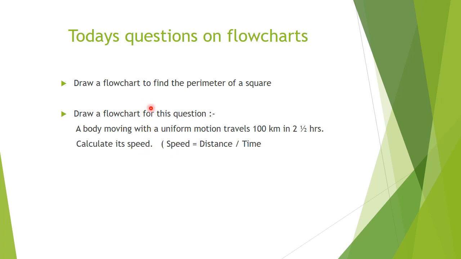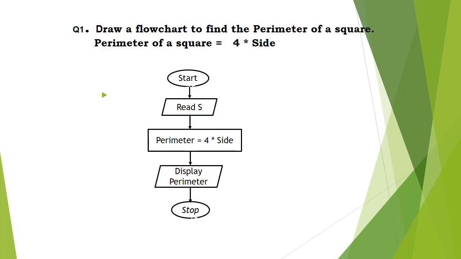So these 2 flowchart questions will be covered in this session. Now the first one is drawing a flowchart to find the perimeter of a square. Perimeter of a square is equal to 4 into side. That is the formula for calculating the perimeter of a square. To start, you write it in an oval or rounded rectangle shape.